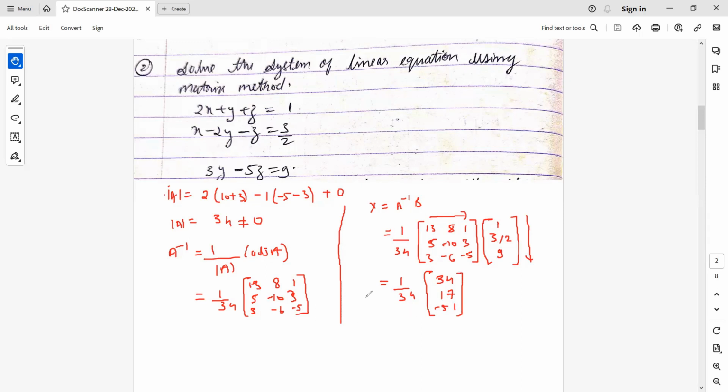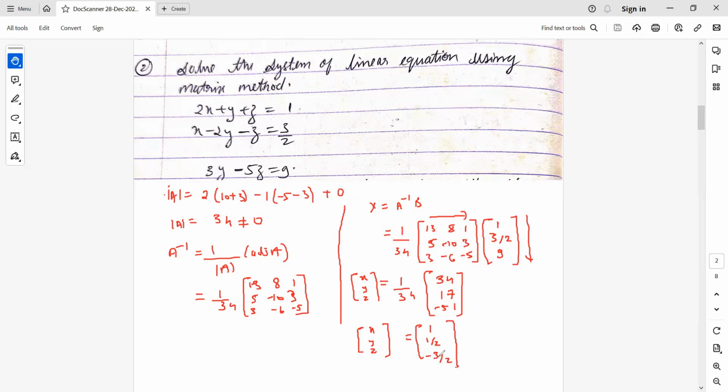So next, divide each term and find out the values of x, y, z. The matrix X is x, y, z. On simplifying, we will get the final answer as 34 upon 34 which is 1, 17 upon 34 which is 1 by 2, and minus 51 upon 34 which is minus 3 by 2.